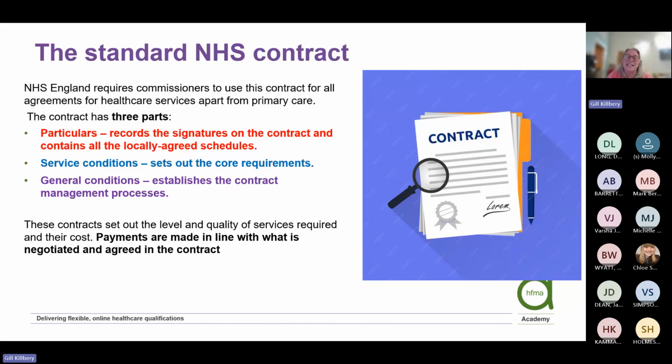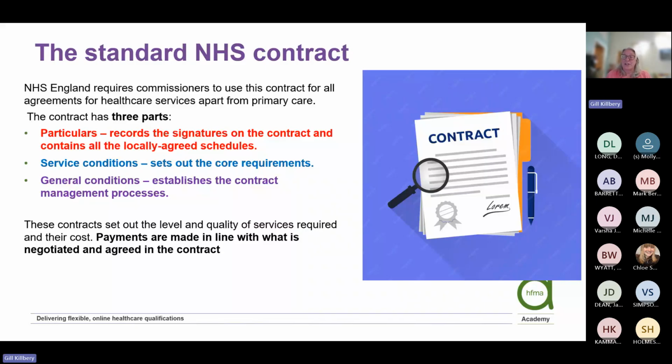But if we have a standard contract where the whole country knows those clauses within it, what's expected of them, what it means, what's going to be changed year on year, everybody's delivering to those same standards, it takes a lot of that admin, that time commitment, that legal issues out of our hands, really.